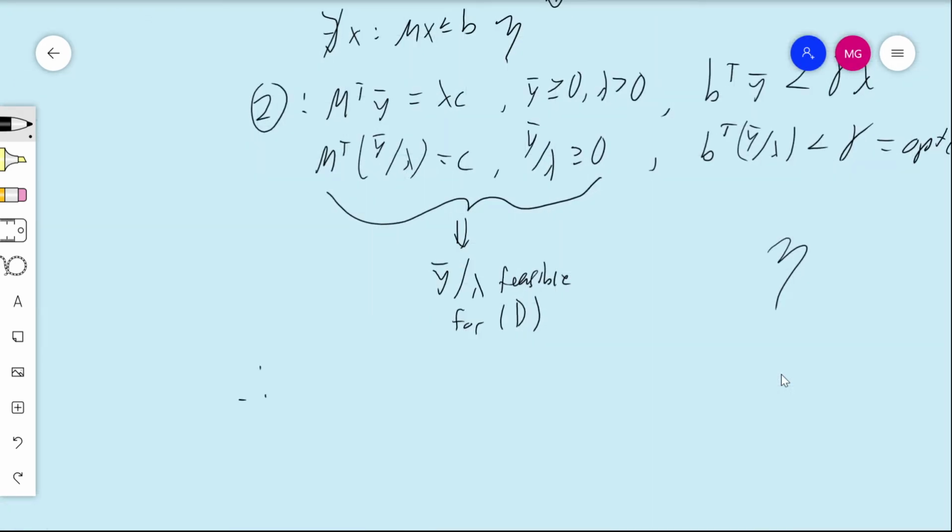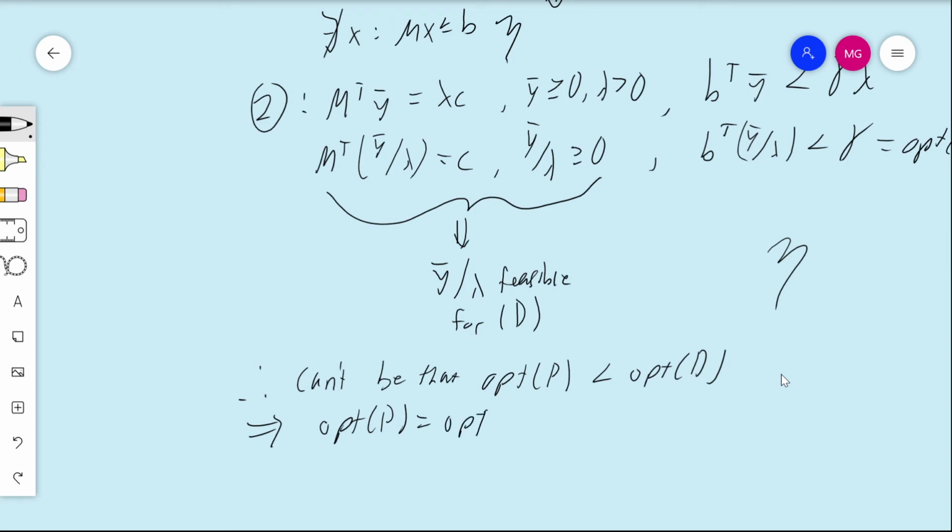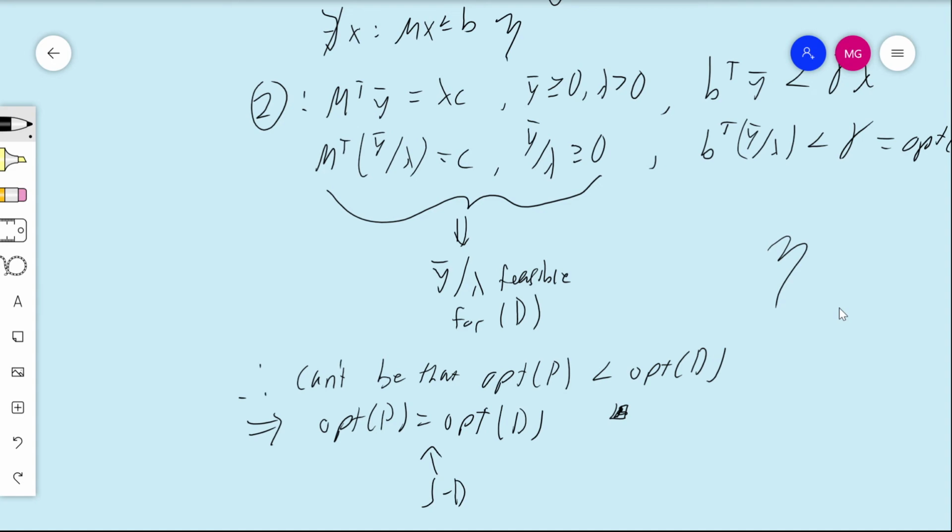So therefore, it can't be the case that the optimal value of the primal is strictly less than the optimal value of the dual, and so that implies that the optimal value of the primal is equal to the optimal value of the dual, and that's strong duality. So that concludes the proof of showing that Farkas lemma implies strong duality, and this shows that actually the two statements are equivalent to each other.